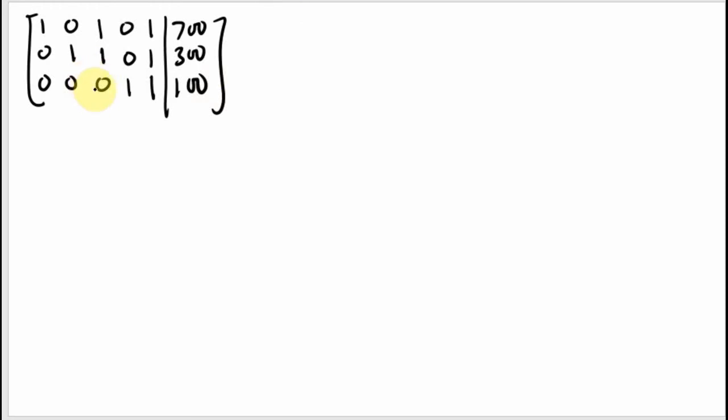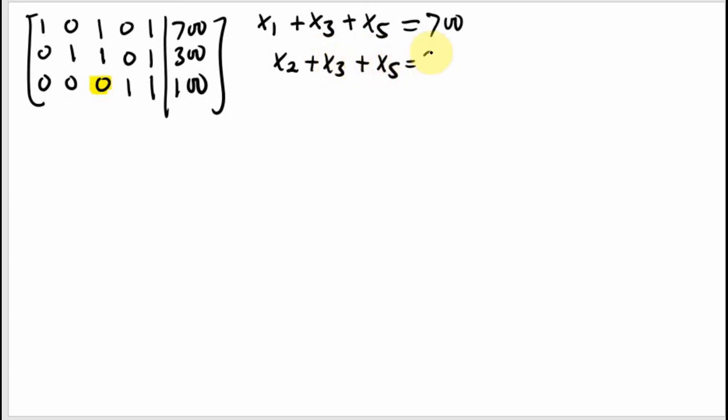Now we already know that x sub 3 is going to be a parameter, but let's see how everything else works out. This is x sub 1 plus x sub 3 plus x sub 5 is equal to 700. That second row is x sub 2 plus x sub 3 plus x sub 5 is equal to 300. That last equation is x sub 4 plus x sub 5 is equal to 100.